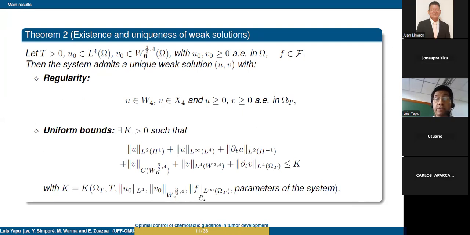There exists a constant k, depending only on those parameters of the system and initial conditions. So this is an existence and uniqueness result.